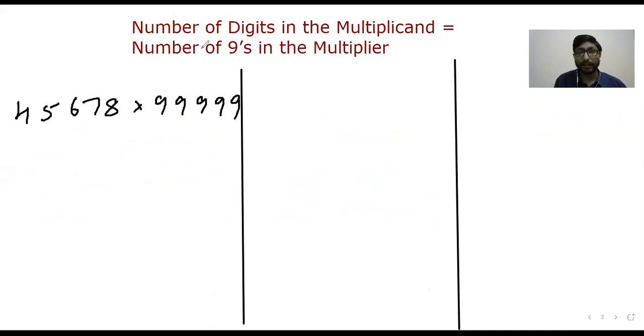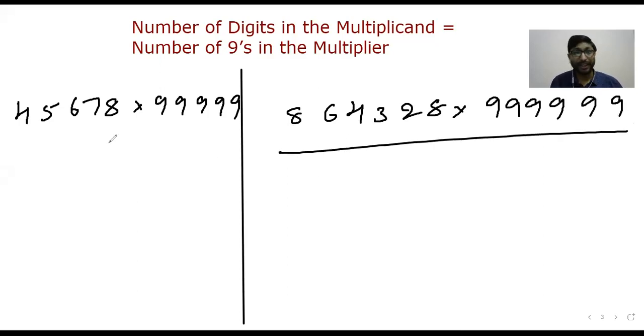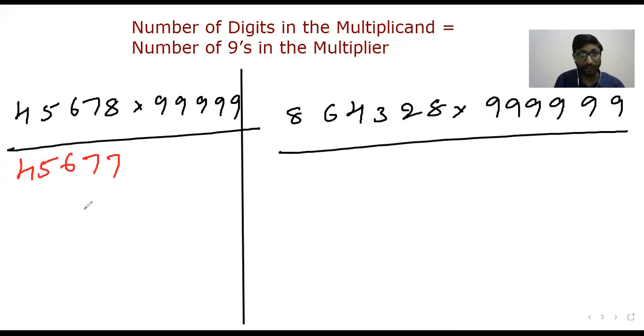Okay, and let's go for a little more big number. 8, 6, 4, 3, 2, 8 multiply with 9, 9, 9, 9, 9, 9. See, 6-digit multiplication, and this is 5-digit multiplication. Only one step answer. Subtract 1 from the multiplicand and 4, 5, 6, 7, 7.